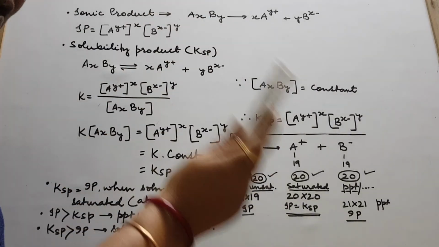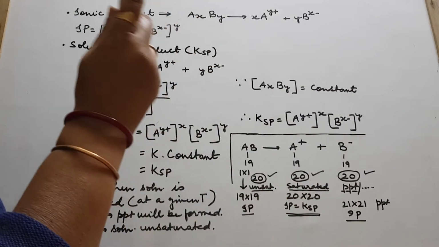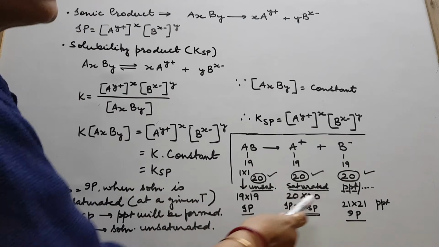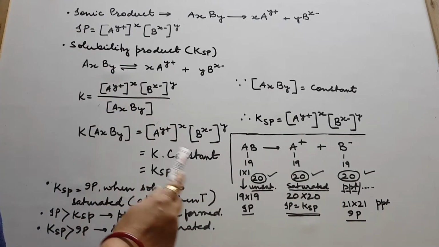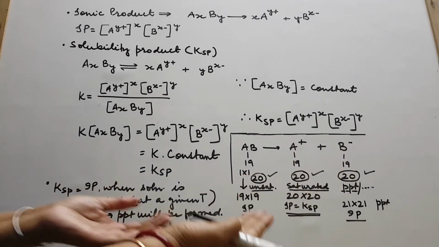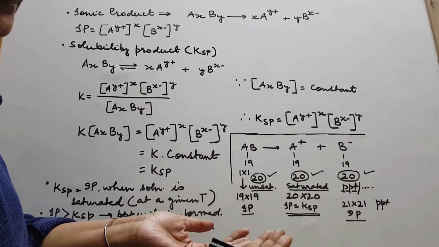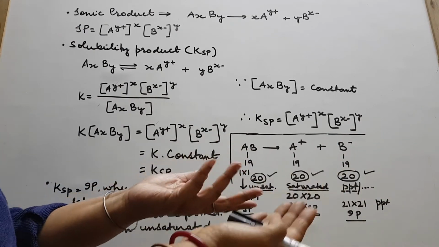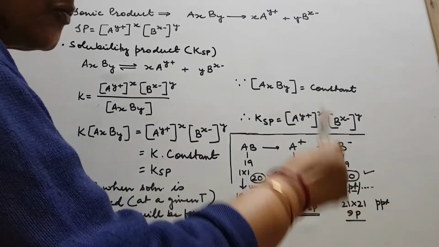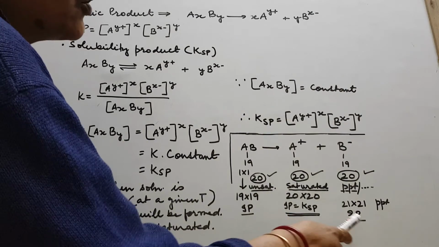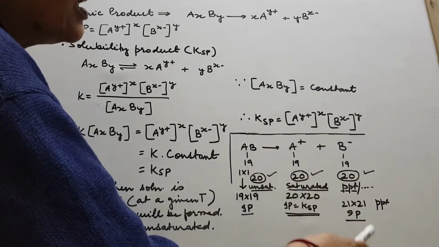No more salt could be dissolved, and no PPT was there. The solution was saturated. But what was it actually? IP only. When we had put the 21st, we found things settling at the bottom. You call that PPT or residue, whatever name you want to give. So solid was settling down: 21 into 21, 22 into 22, and so on.